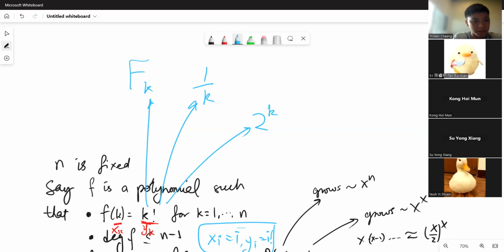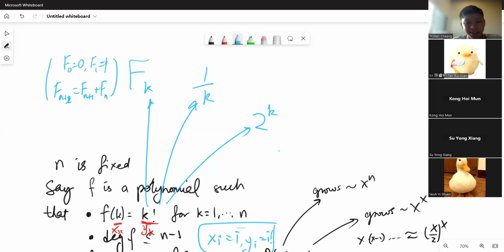Oh, sorry, the Fibonacci number is where f0 equals 0, f1 equals 1, then f(n+2) equals f(n+1) plus f(n). I think it's possible to solve all of these problems if you replace k factorial with any of these.